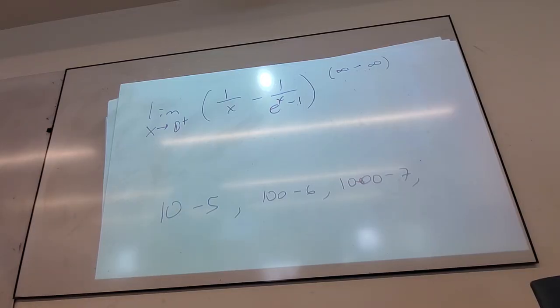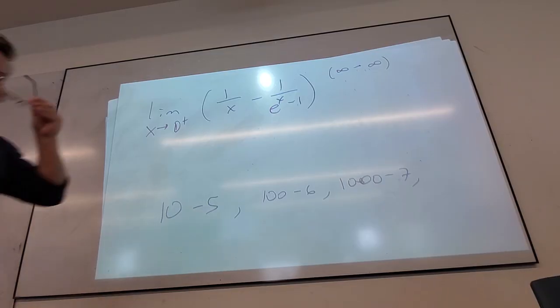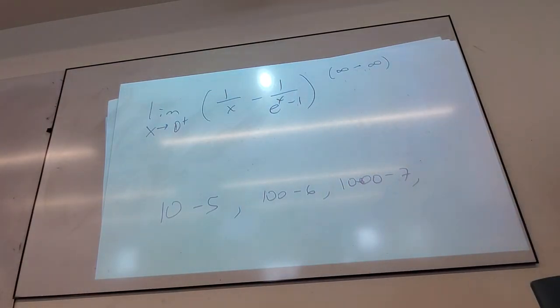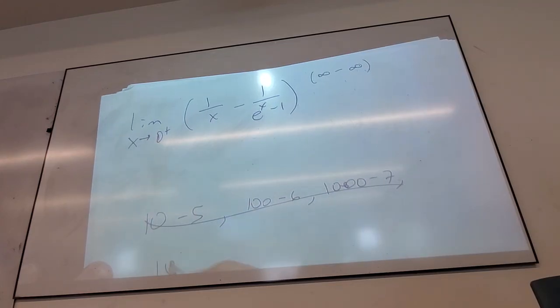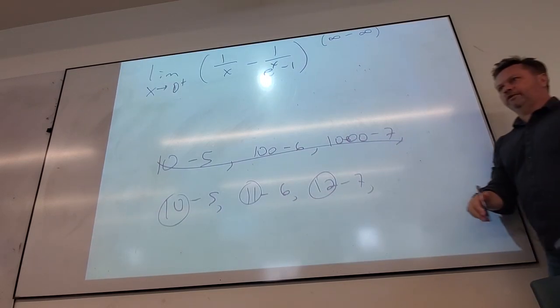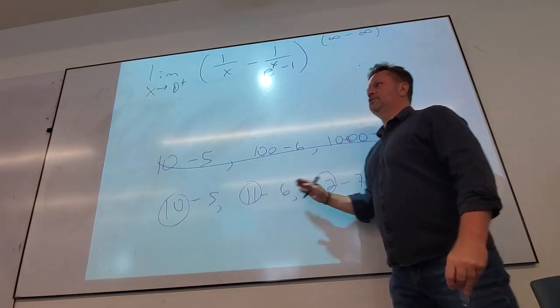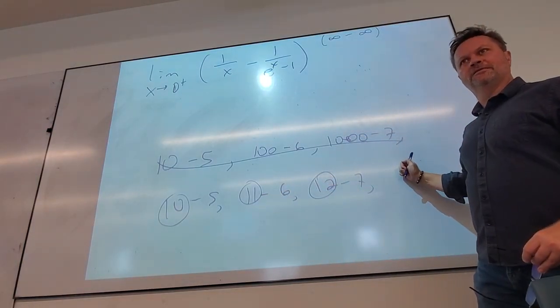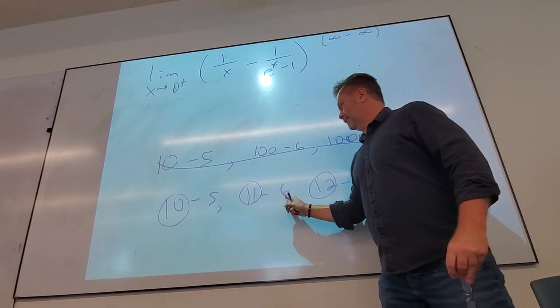Okay. If they were going to infinity at about the same rate, do you agree with me that 10 minus 5, 11 minus 6, 12 minus 7, are these going to infinity? If you continue forever, are they going to infinity? 10, 11, 12. Continue. Okay, 5, 6, 7.